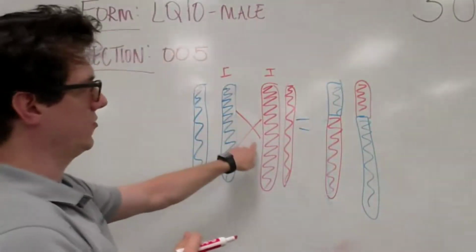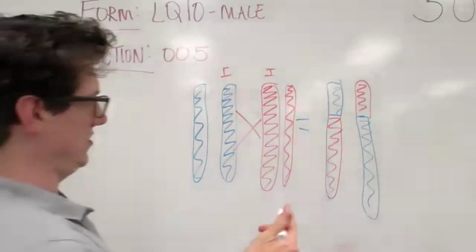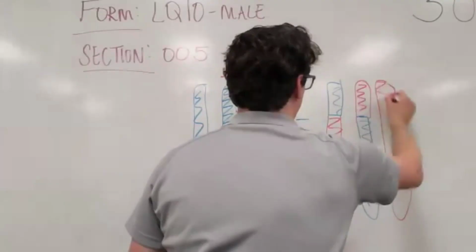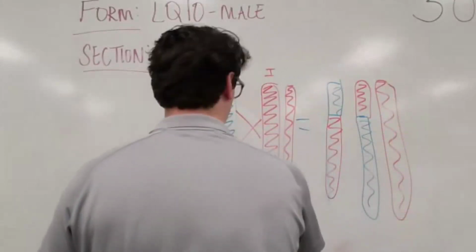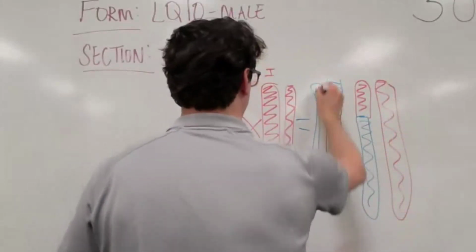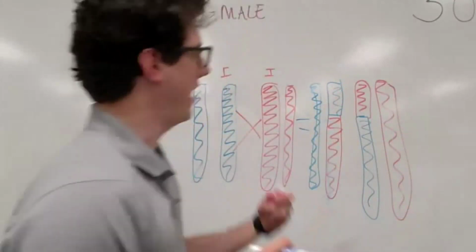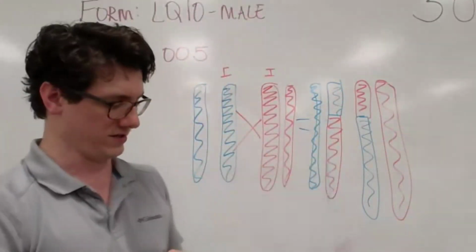Well, the crossing over event is only going to happen between 2 of these. So we're still going to have a full-on maternal chromosome and a full paternal chromosome as well in our first set of meiosis.